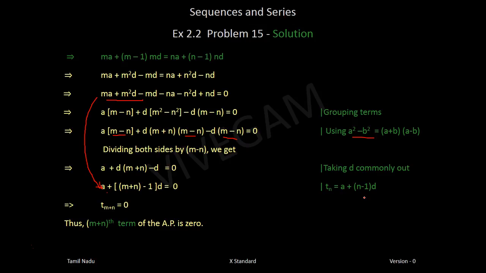Bring all terms together to the left side and group them. Get all the A terms together, all the D square terms together, then all the D terms together. Then you cancel M minus N throughout, and if you simplify, you will be able to get this answer.